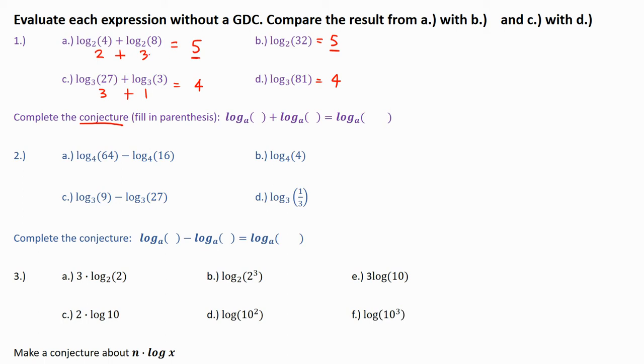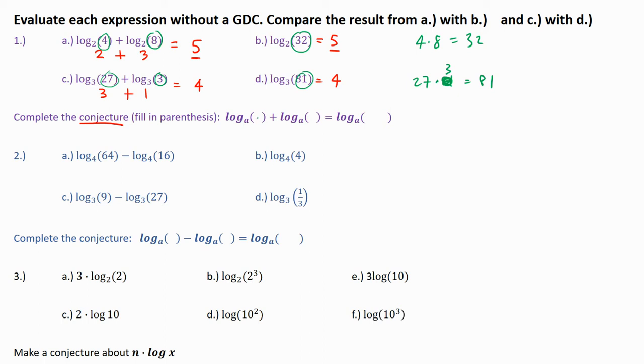So when we compare the numbers inside the parentheses, what do we notice? Compare the 4 and the 8 and then the 32. Maybe you see that 4 times 8 is 32. And here 27 times 3 is also 81. Whoops, 27 times 3 is 81.